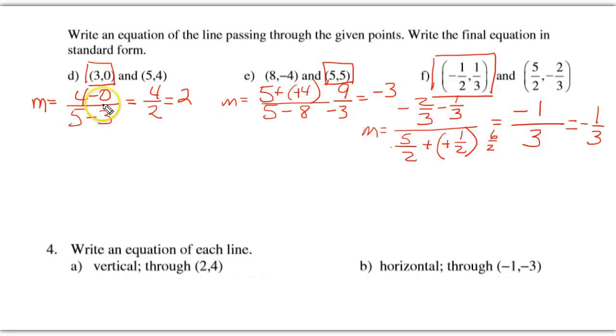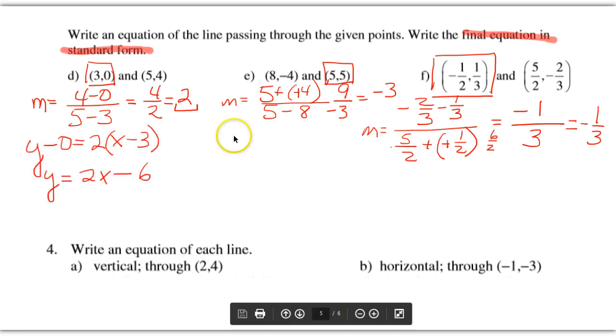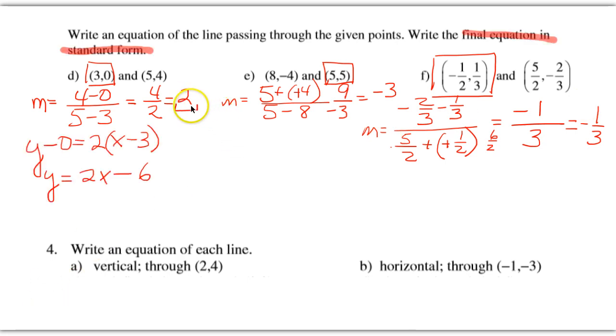So now we're going to put our slope and this point into our point slope form. And we'll give you some time to work that. So we'll do them in pieces so it doesn't get too confusing.